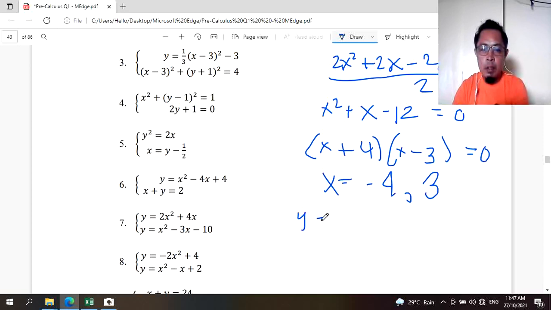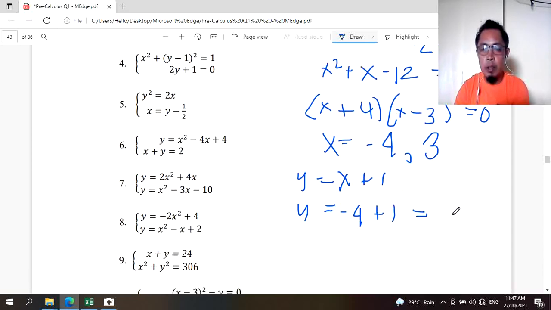We have negative 4 plus 1, that is now equal to negative 3. So the first pair is negative 4 and negative 3.